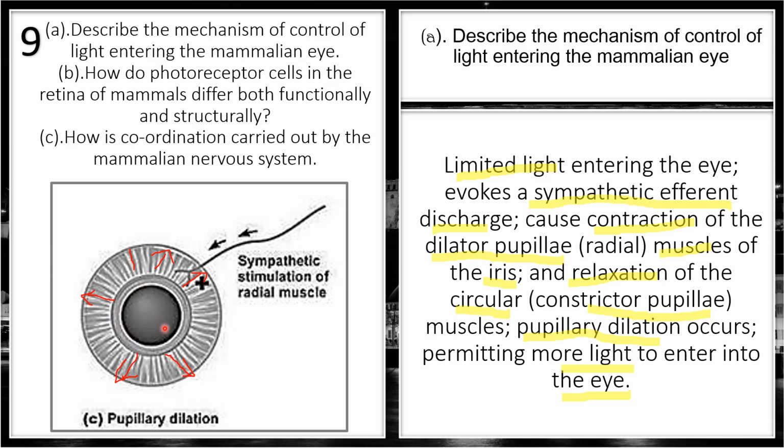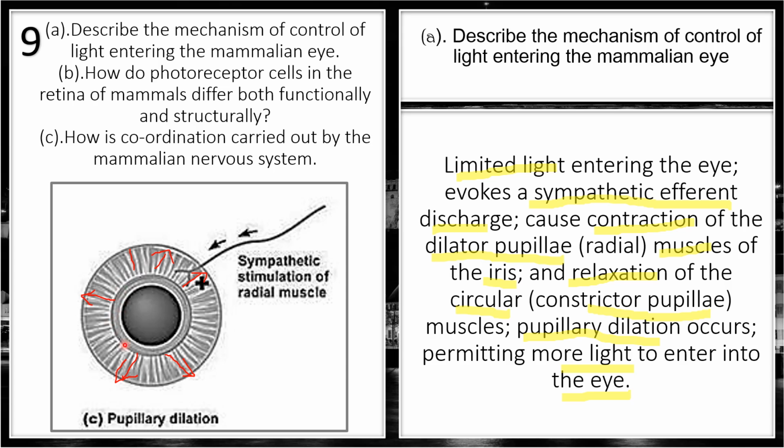And when the radial muscles are contracting, the circular muscles have to relax. And when they relax, they will be pulled outwards.